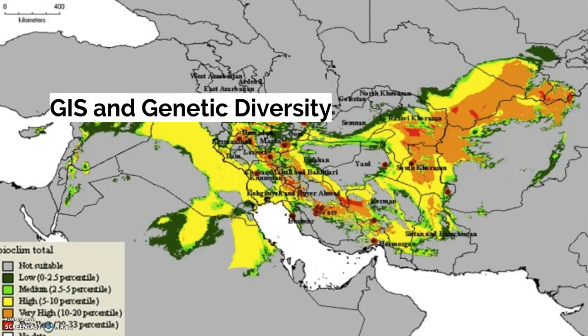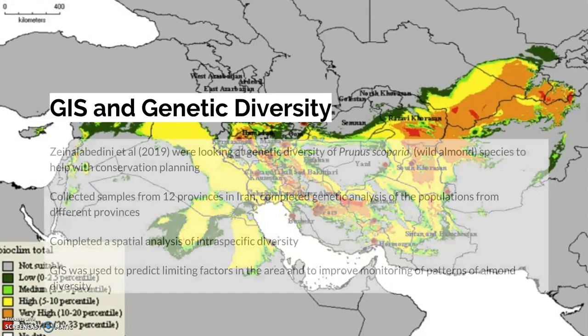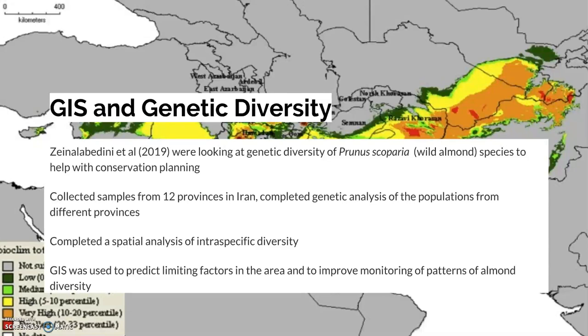Another study was looking at genetic diversity, using this computer software to look at genetic diversity of wild almond species in Iran. The authors collected samples from 12 different provinces around the country and completed a genetic analysis of those populations.